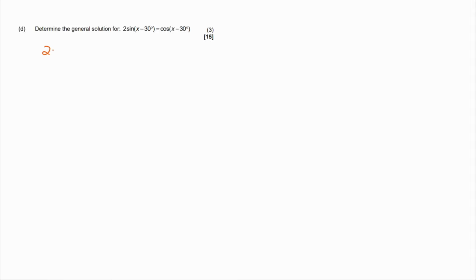We get 2 tan of x minus 30 degrees is equal to 1, because we're dividing both sides by cos of x minus 30 degrees. So we get tan of x minus 30 degrees is equal to 1 over 2.